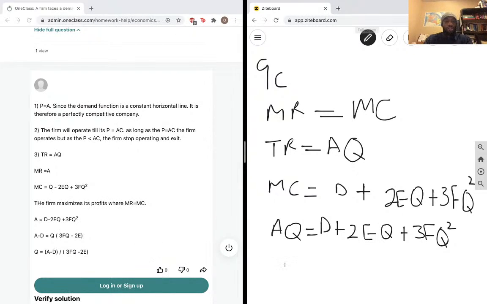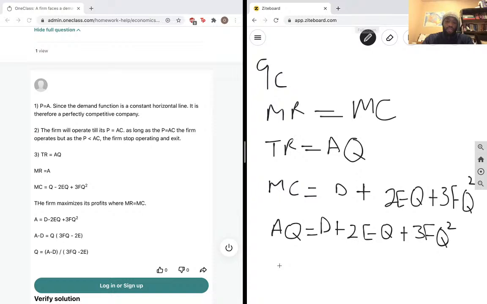The tutor breaks this down to A minus D equals Q multiplied by 3FQ minus 2E.